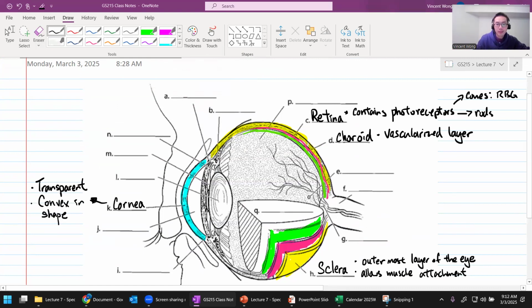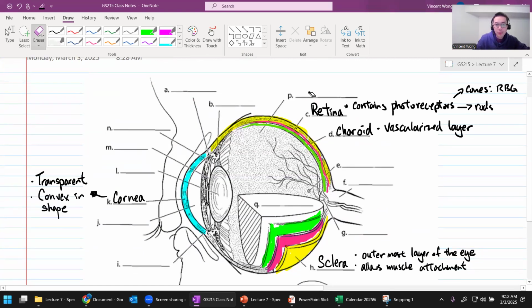All right, what else do we have here? Now, on the retina at the back, in case you don't know, the light comes in here and then it basically hits the retina. And there is a special spot located on the retina, and this spot is called the fovea. Or if you read it in a textbook, sometimes it may say fovea centralis.